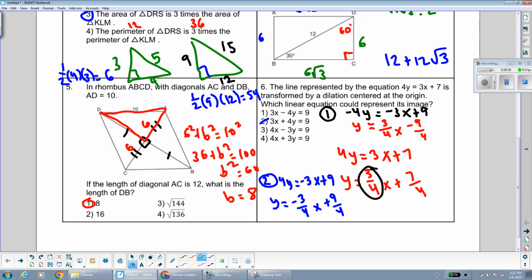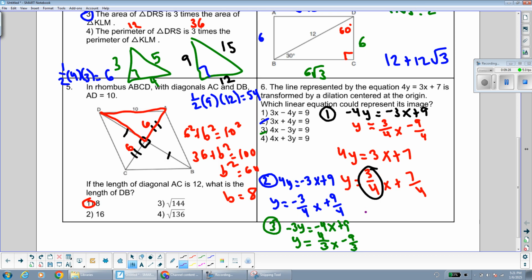Let's check out answer choice number 3. I'm going to move the 4x over and then divide by negative 3. But the problem is this is 4 over 3 and not 3 over 4, the slope, so that's not going to work.